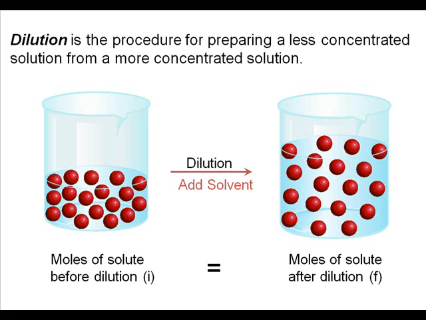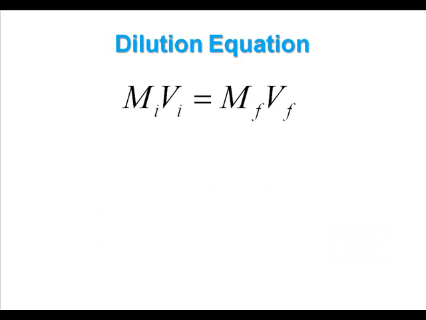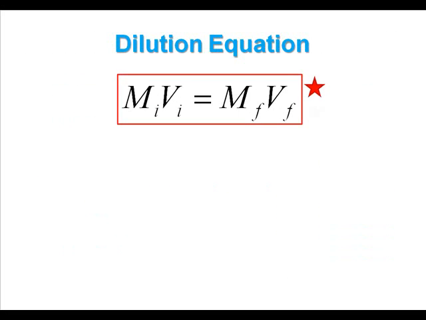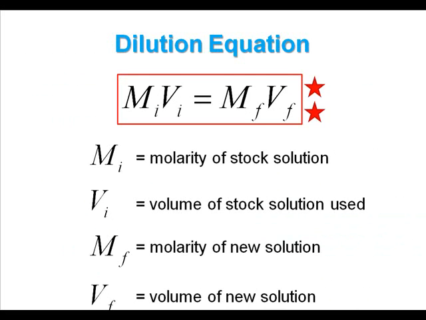And we refer to this as the before being initial and after being final. Now, to work with the equation, M1V1 = M2V2, you simply have the molarity of the stock, the volume of the stock that you're going to take out, the molarity of the new solution, and the volume of the new solution.